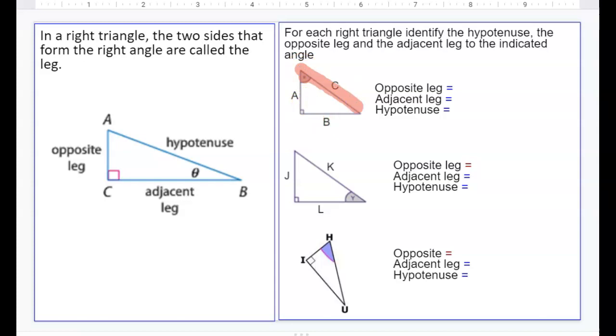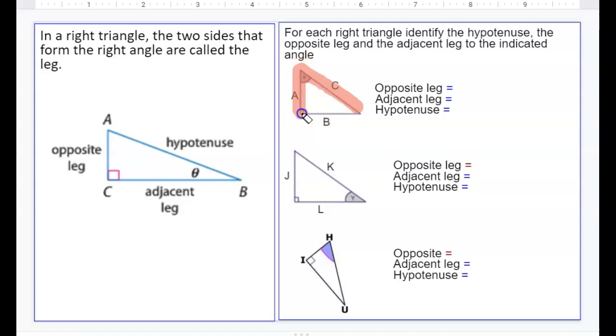All right. Now, the adjacent side or the adjacent leg is the leg that combines with the hypotenuse to form the angle. So the adjacent side, adjacent in English means what? Side by side, close to. So this would be your adjacent side, A. And then, of course, the opposite side is opposite this angle.